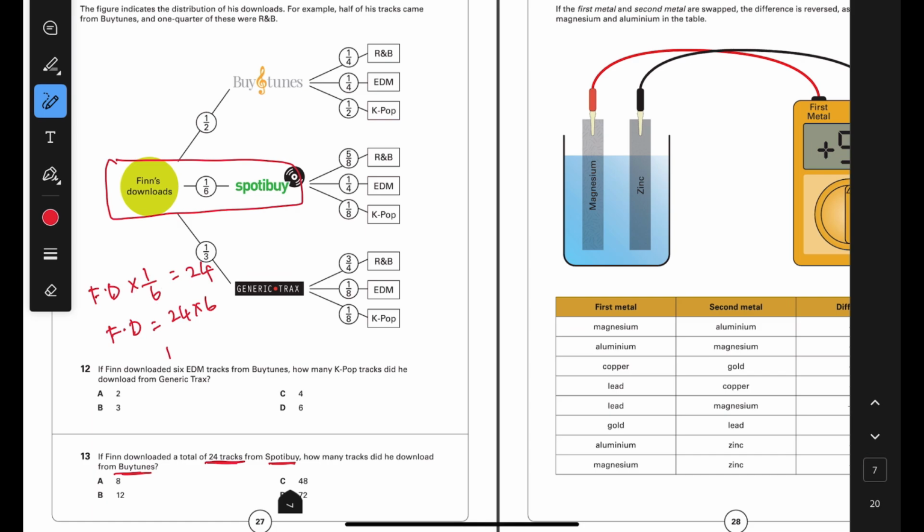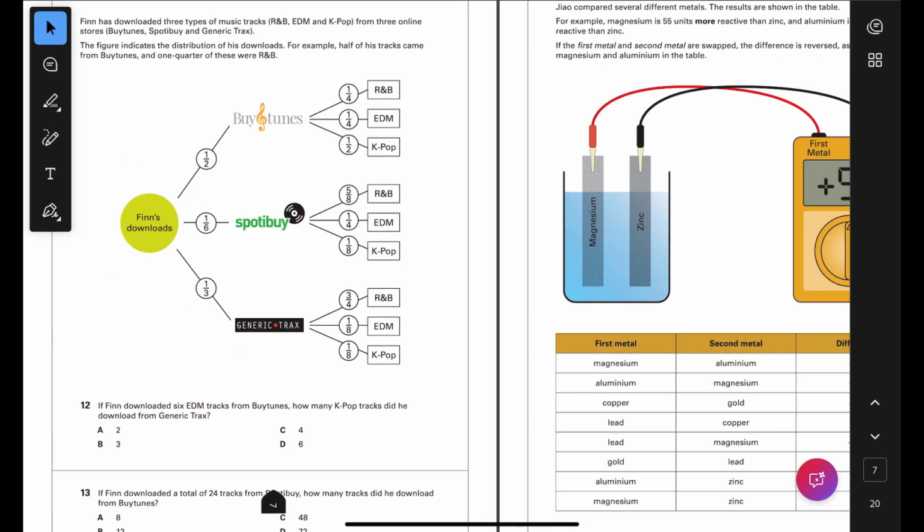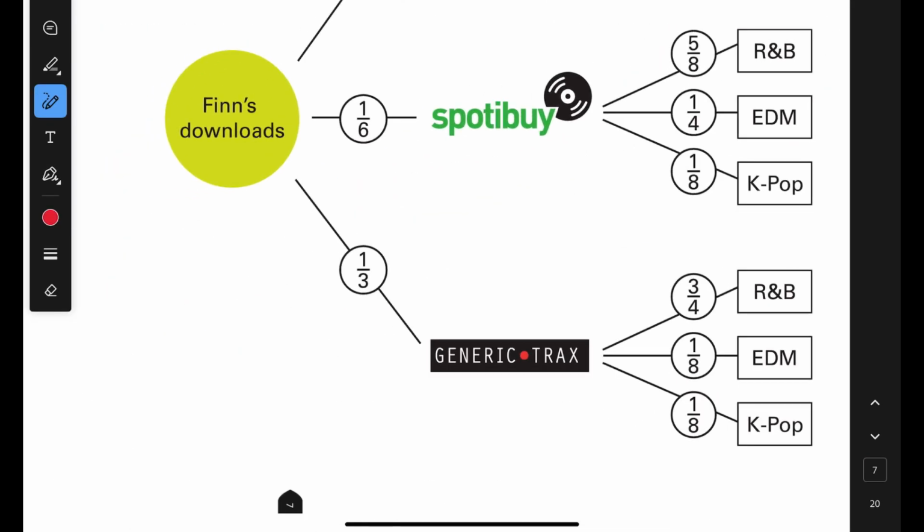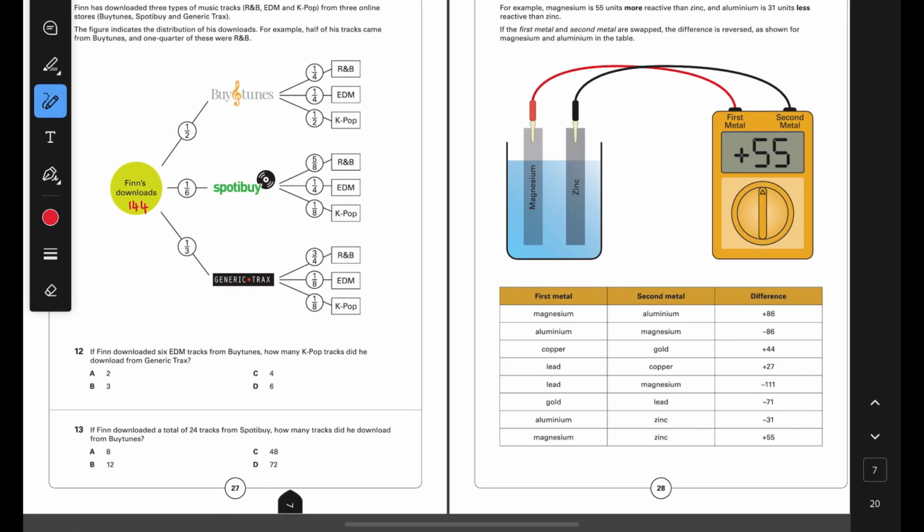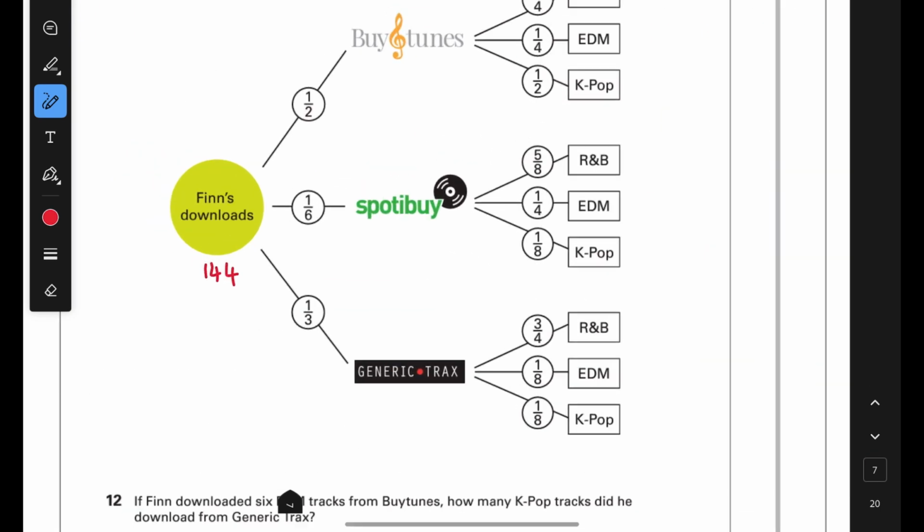24 times 6. So 6 fours are 24, 2 balance, 6 twos are 12, 13, 14. So now we found Finn's total download is 144 tracks for the 13th question. They want you to find out how much he downloaded from the Bytones.